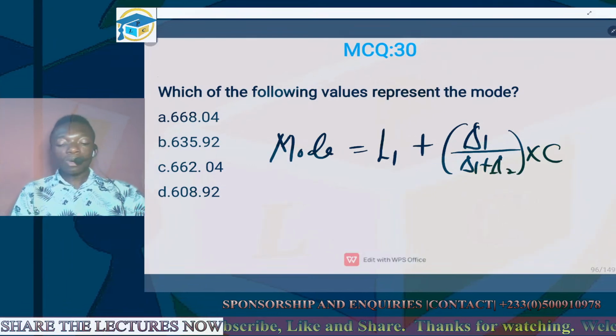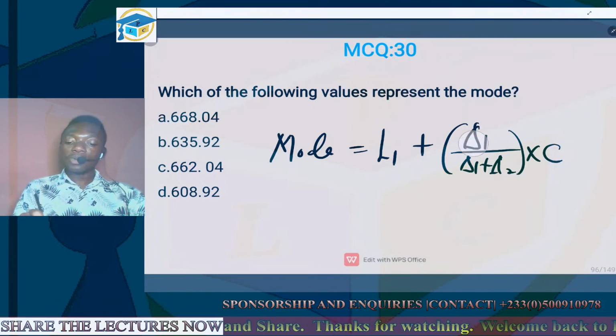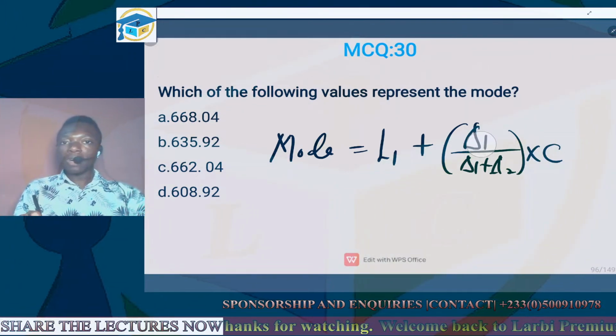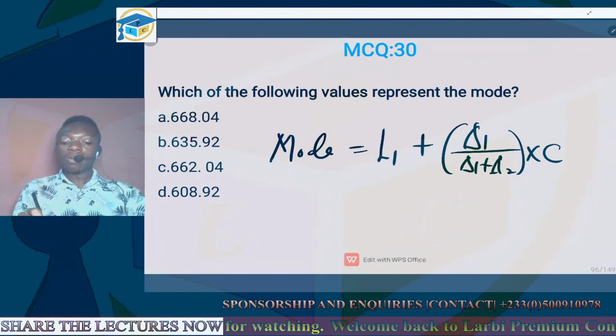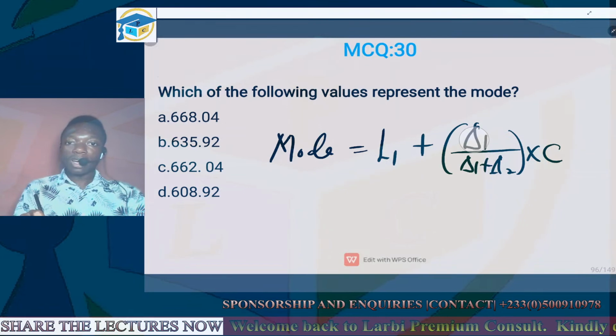But in other tests, they will tell you that triangle 1 is the difference between the modal frequency and the frequency that comes before the modal class.